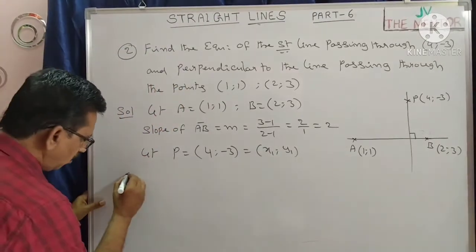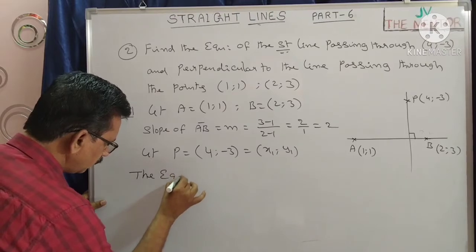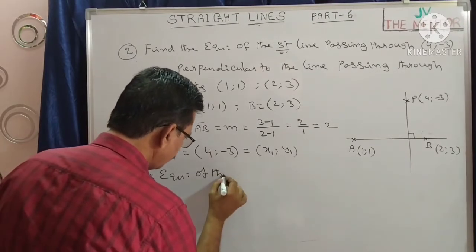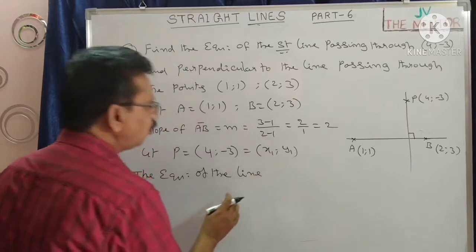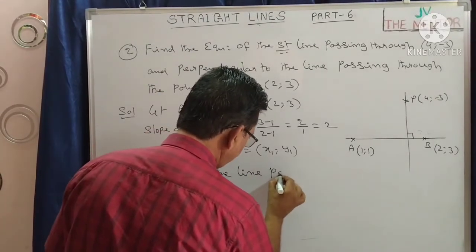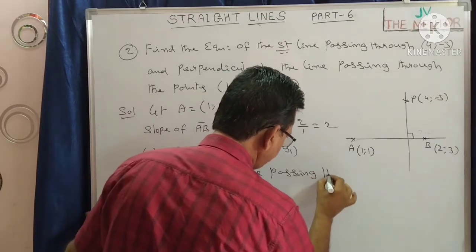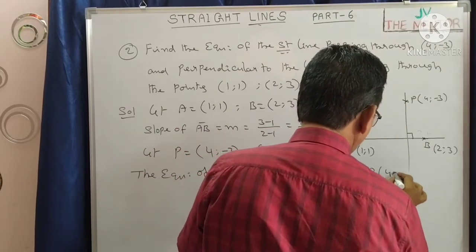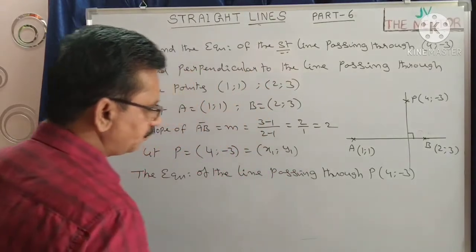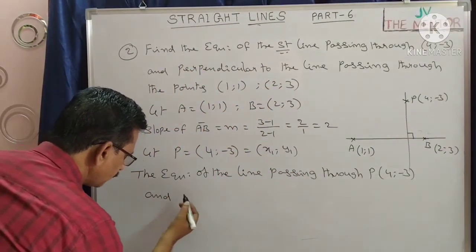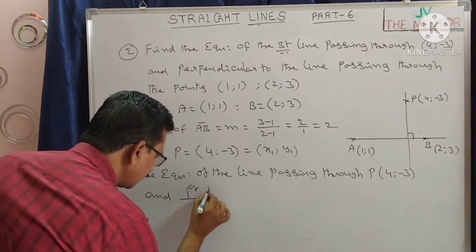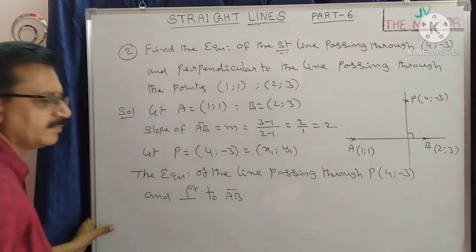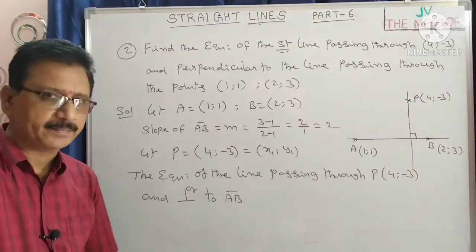The equation of the line passing through the point 4 comma minus 3 and perpendicular to AB, the perpendicular symbol means perpendicular to AB, is y minus y1 equal to minus 1 by m into x minus x1.